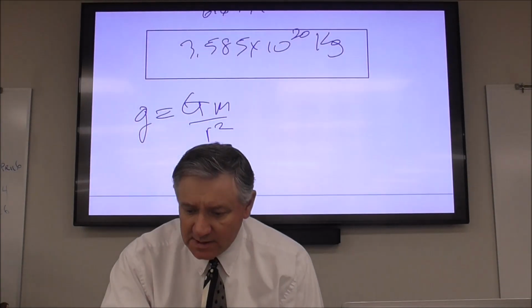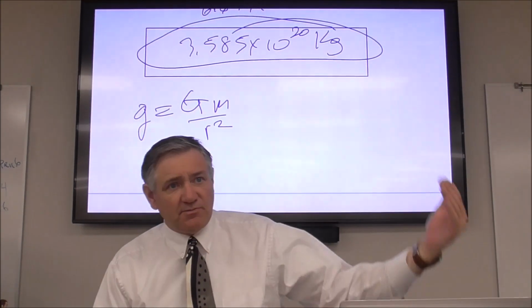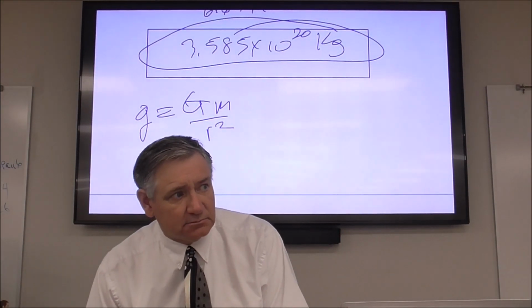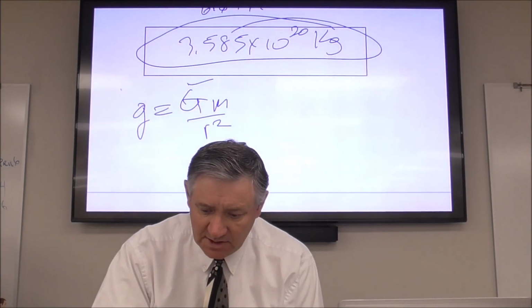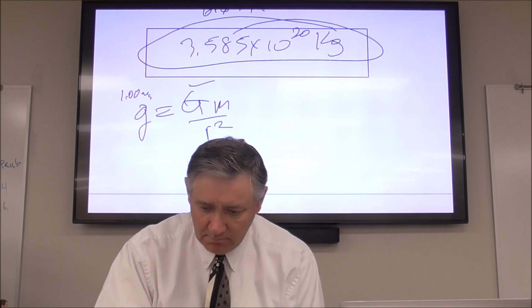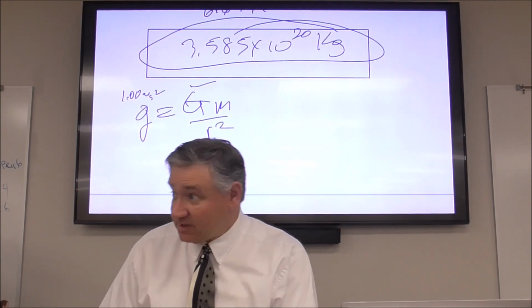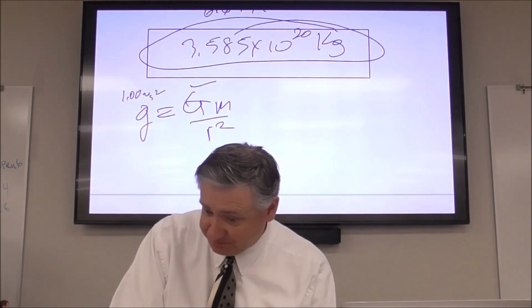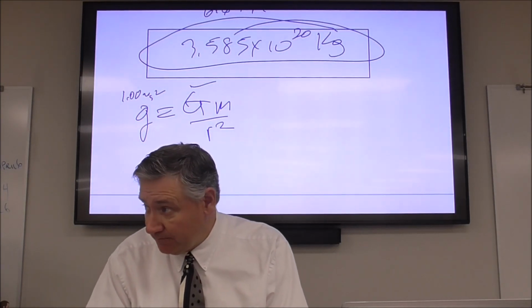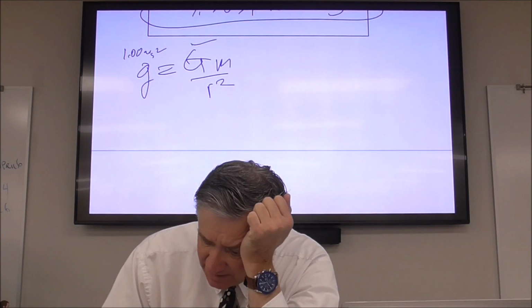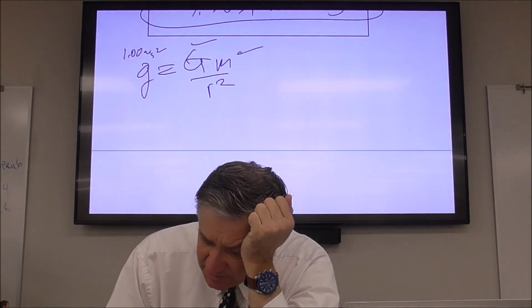At this point, I know the mass of the moon, I know what big G is, and I know little g is going to be 1 meter per second squared, because that's what g would have to be for 1 kilogram mass to weigh 1 newton. The only thing I don't know is this r.